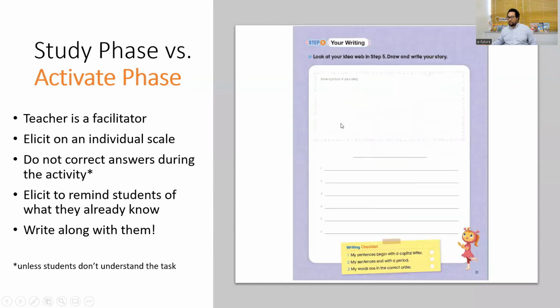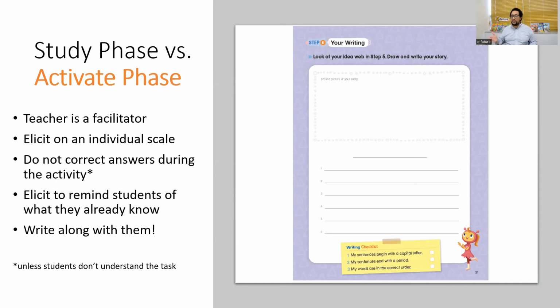Same thing applies here. When they're writing their own sentences, their own paragraphs, they're drawing their pictures, you should be, again, taking a step back, writing with them, encouraging them, and above everything else, praising your students. This is what makes experimentation possible, when you praise them and tell them that they're doing good things.